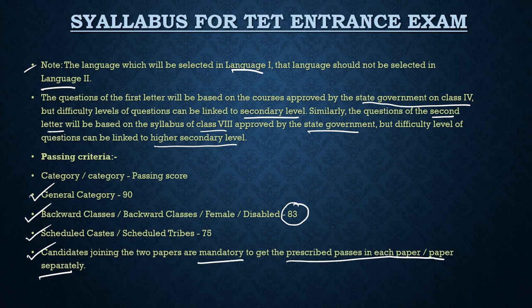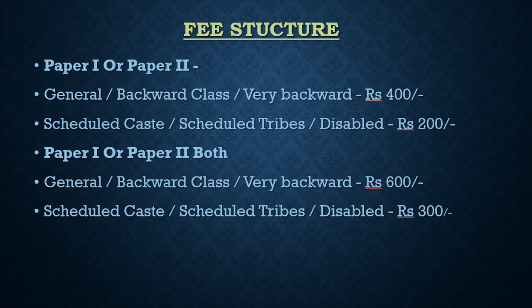Okay, so let's move on to the fee structure. For general students, backward classes and very backward classes, the fee for the exam is 400. For scheduled castes, scheduled tribes and the disabled, the fee is rupees 200. Okay.